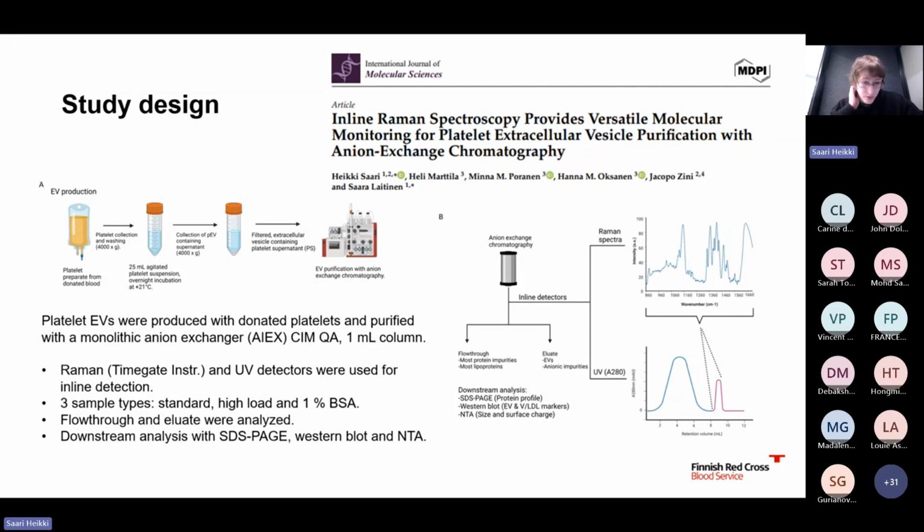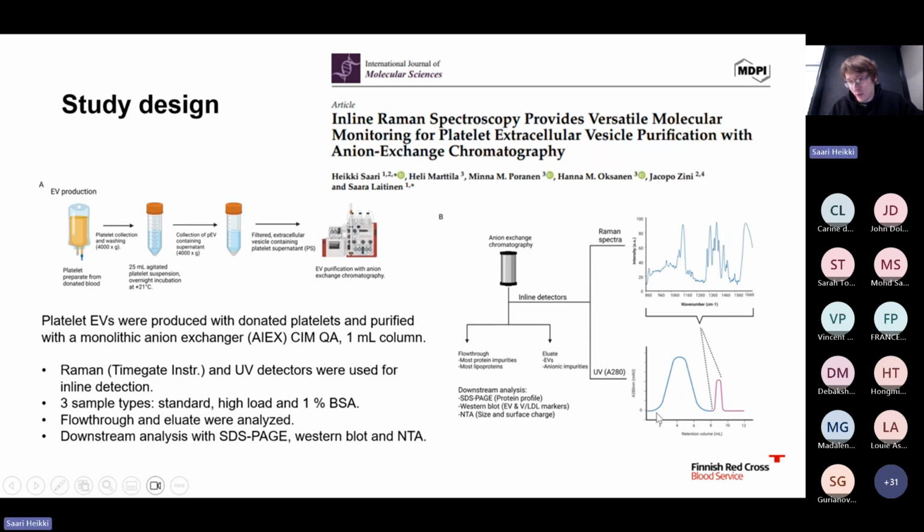It's part of the Instruct infrastructure. And we connected this Raman detector to the system that they had. And with that, we were able to measure the Raman spectra along with the UV detector, as you see on the right.